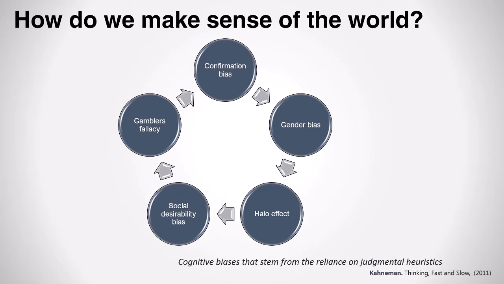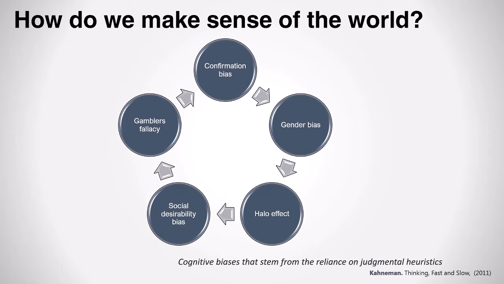Now, sometimes, or most of the time rather, these are essential. Sometimes, when we rely too much on these things called heuristics, we can commit things called logical fallacies or certain what we call cognitive biases.